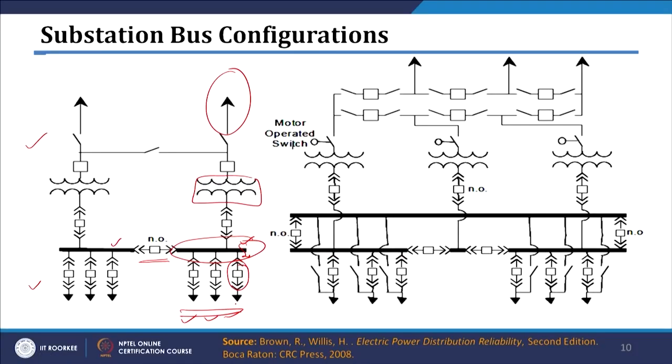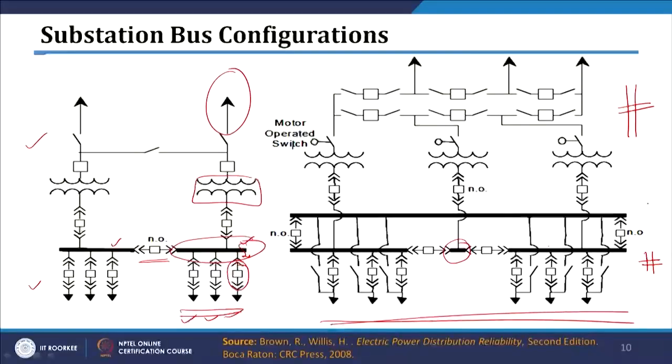Then to improve the reliability further, you can use the scheme shown in the figure on the right hand side, where at the high voltage side you have used a ring bus configuration, and at the low voltage side we have used a split bus arrangement. Basically it is split into 3 parts to improve the reliability.